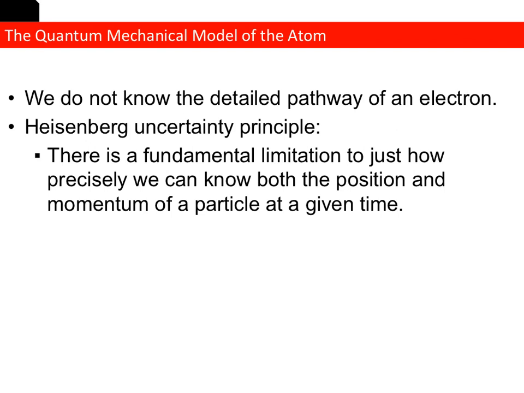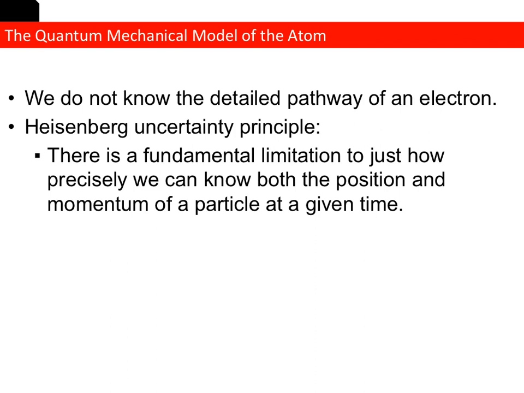The electron's movement is so fast and so variable that it's not really possible to precisely know both the position and momentum of a particle at a given time, which includes the third dimension. So essentially, the electron is unable to be tracked. We know its position but not its momentum, or where it's going, or we know where it's going but not where it's going to be in a split second from now. Because as soon as you look at an electron, you shed energy on that electron, and the electron changes position accordingly.